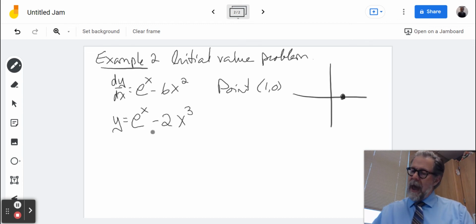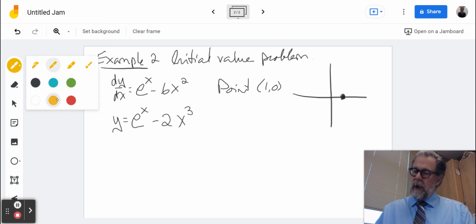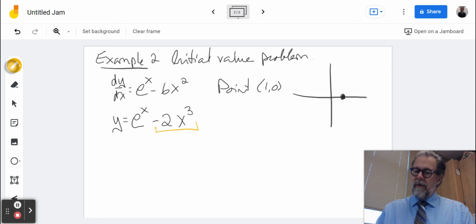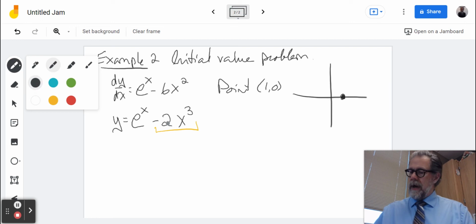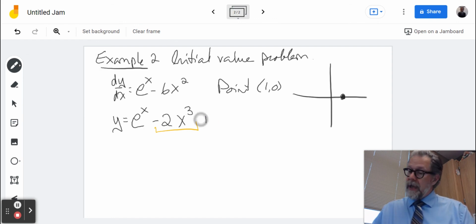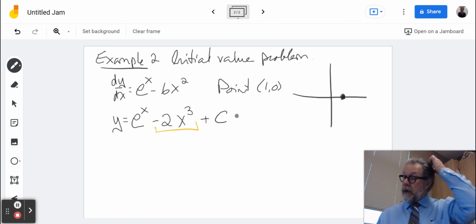And it's just a good habit to very quickly take the derivative in your head to make sure you got the right one. Pull down the 3, that's a 6. Reduce that by 1, that's a 2. Good, I've got the correct original function. Plus a constant, always plus a constant.